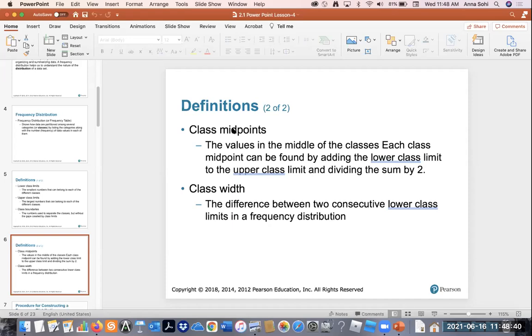Yeah, we will work on the class boundary. Class boundary would be in the middle of each class, between the two classes.